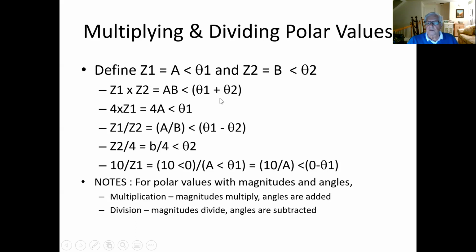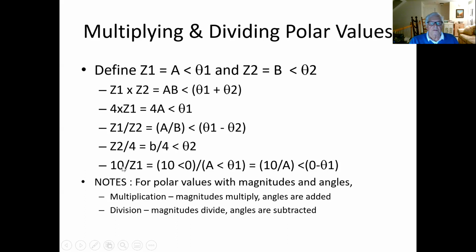This gives us an easier way of doing multiplication. Similarly, if we do division, we have A divided by B, and we subtract the angles. We take the B angle and subtract it from the A angle to get something new. Or if Z2 is divided by 4, it's basically B over 4, and the angle remains the same.